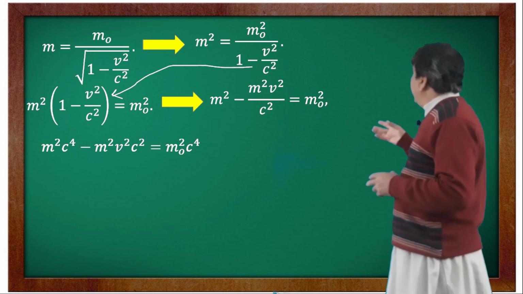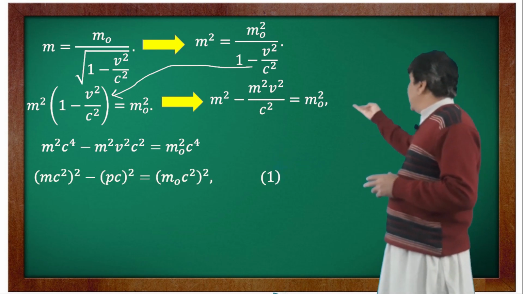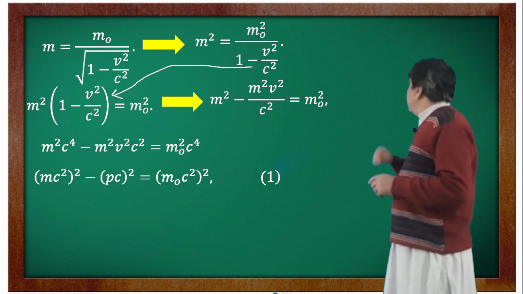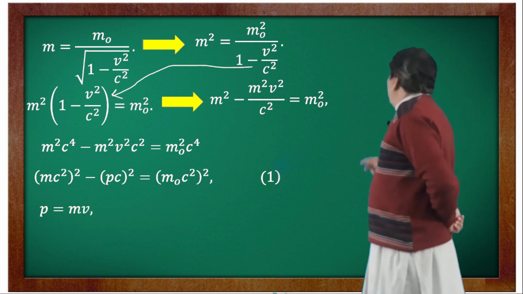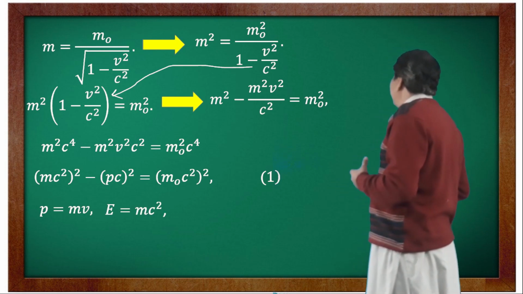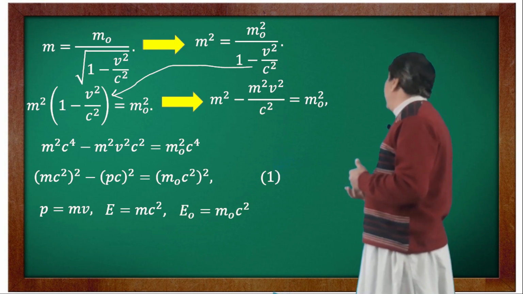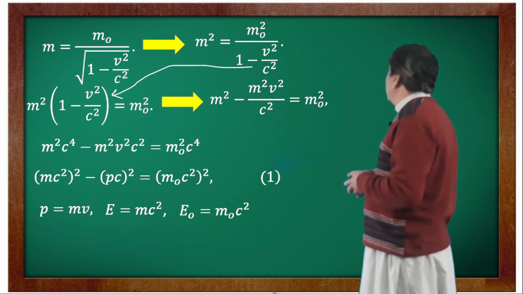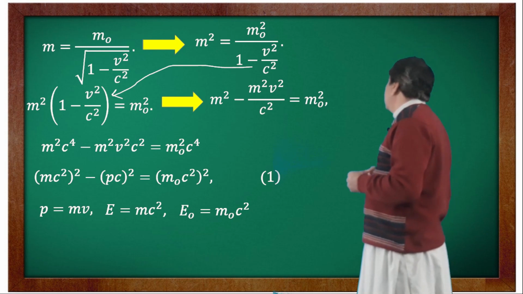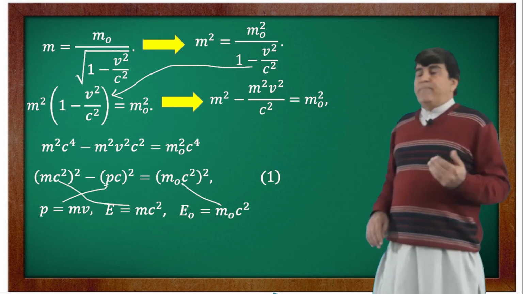And each term can individually be put into the form of a square as shown in this one equation, and I denote this equation by 1, where p equals mv is the momentum of the object, E equals mc squared is the relativistic energy, and E0 equals m0 c squared is the rest mass energy of the object.